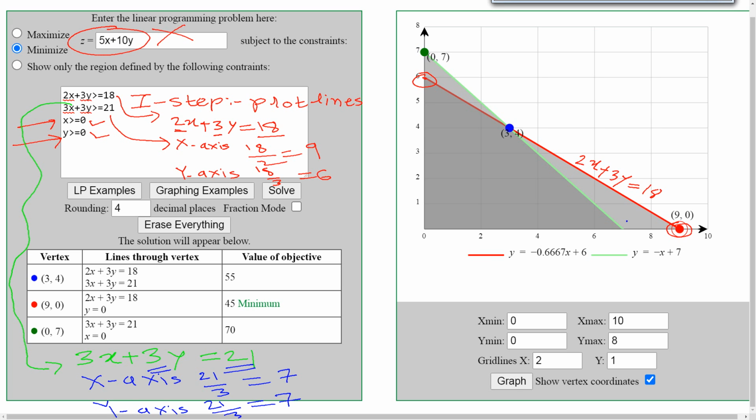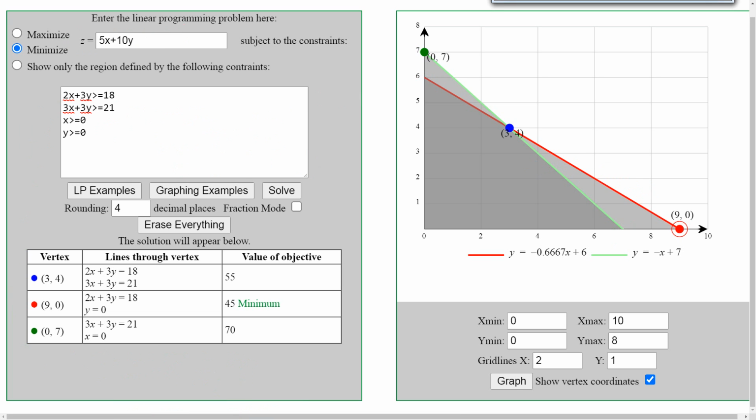So we have 2 points here, 7 on the x-axis, and here also the point 7 on the y-axis. Join these 2 points and we get another line 3x plus 3y is equal to 21. So this is how we have plotted 2 lines. This completes the first step.